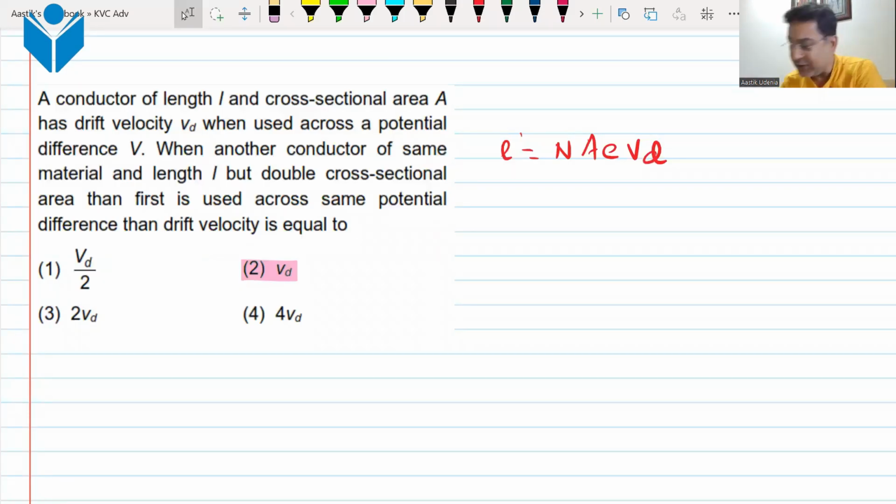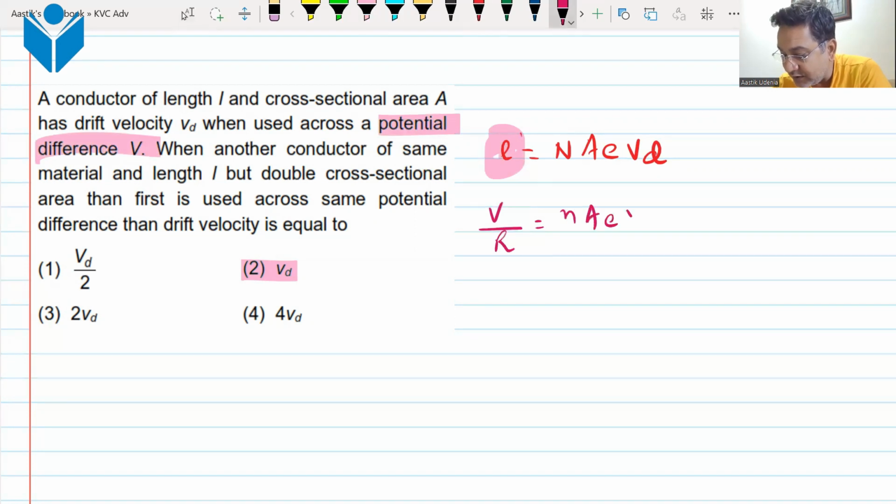So now let me do it in this way. I = nAeVd. I is not the same. Potential difference is the same. V is equal to IR, so I is V by R. Let me put I as V by R. V by R is equal to nAeVd.